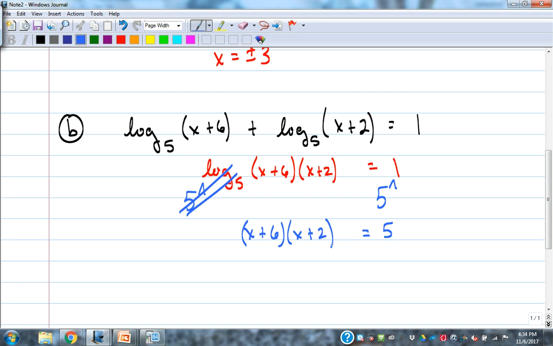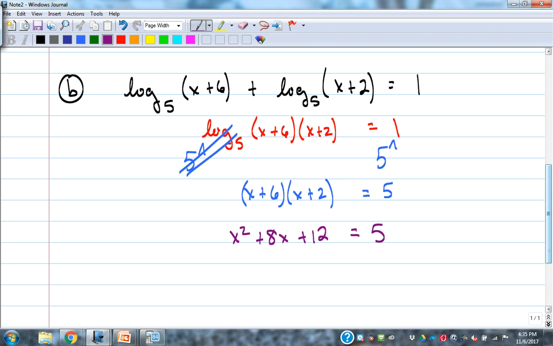So we really have this problem to work out. x plus 6 times x plus 2 is equal to 5. And we need to solve that. Well, I know that if I multiply those two together, I'm going to get an x squared. So I've got a quadratic going on, so I've got to work it like a quadratic. So let's go ahead and multiply that out. That'd be x squared plus 2x plus 6x is plus 8x plus 12 is equal to 5.